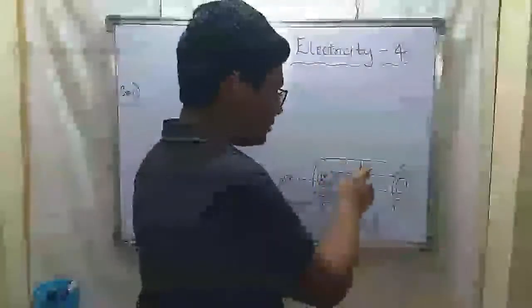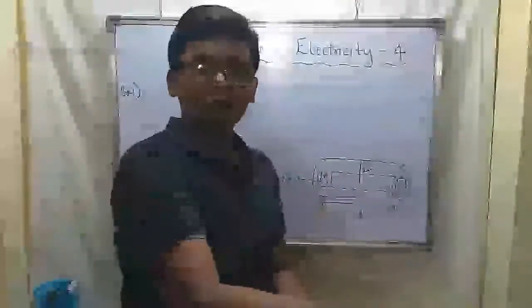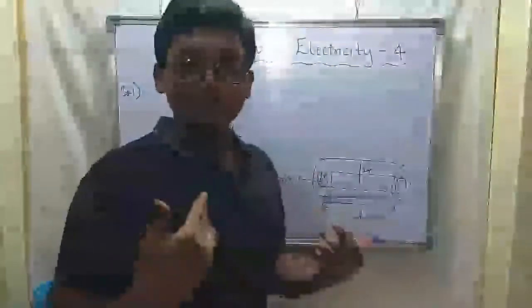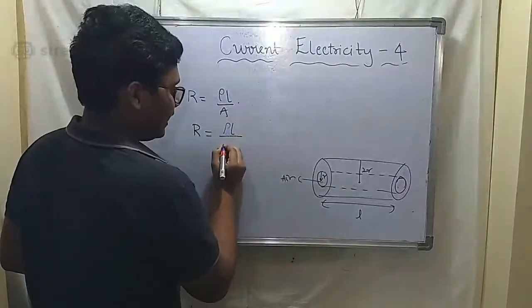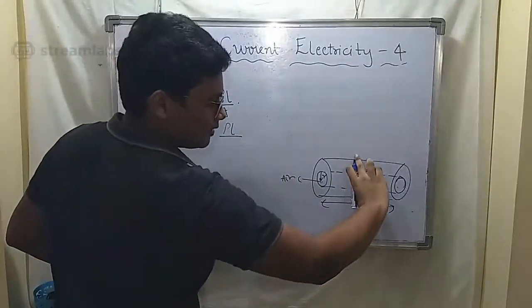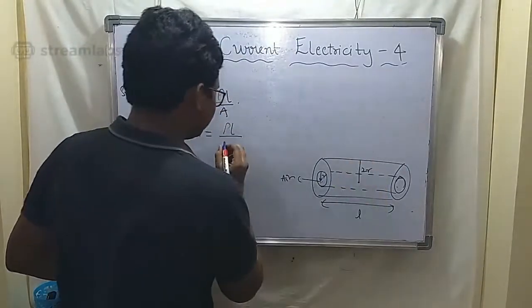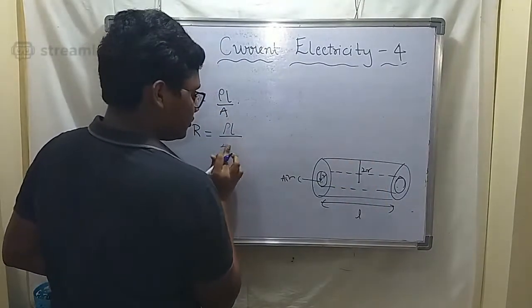So the current will pass through the metal wire. We take the total area minus the hollow space.